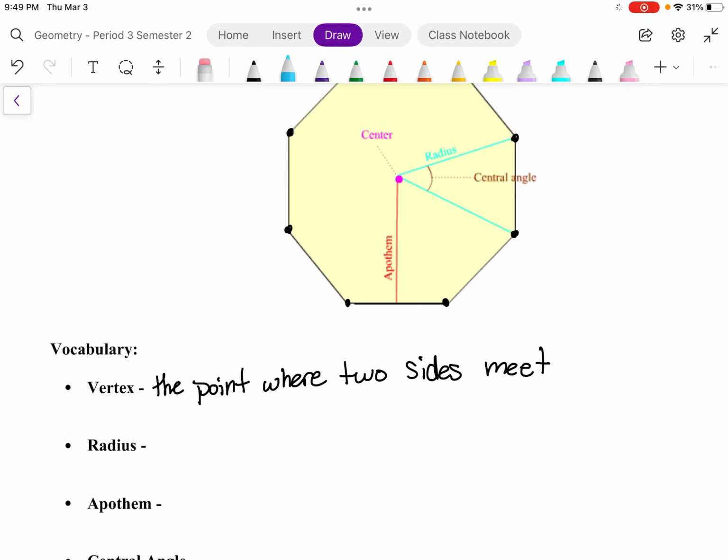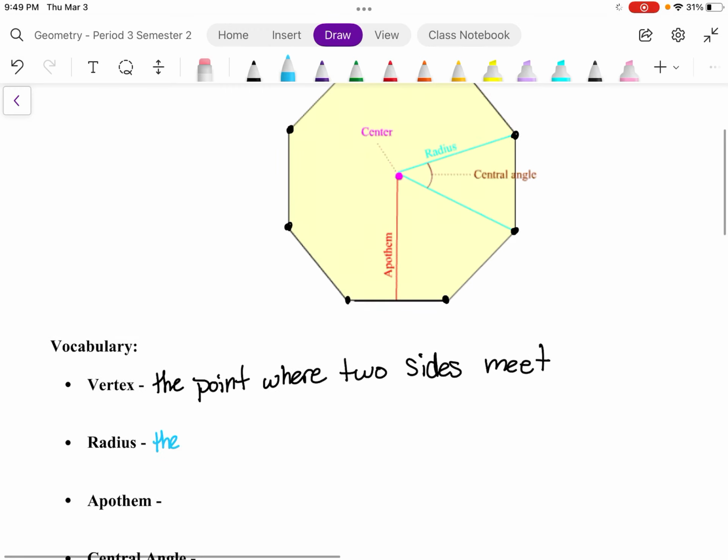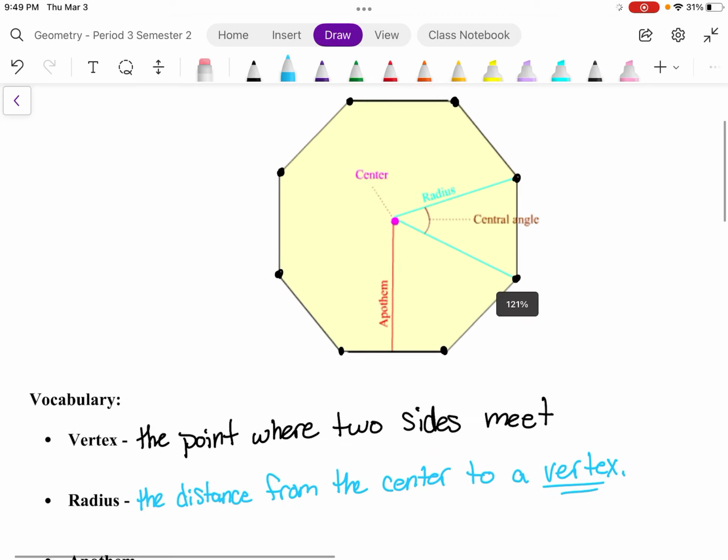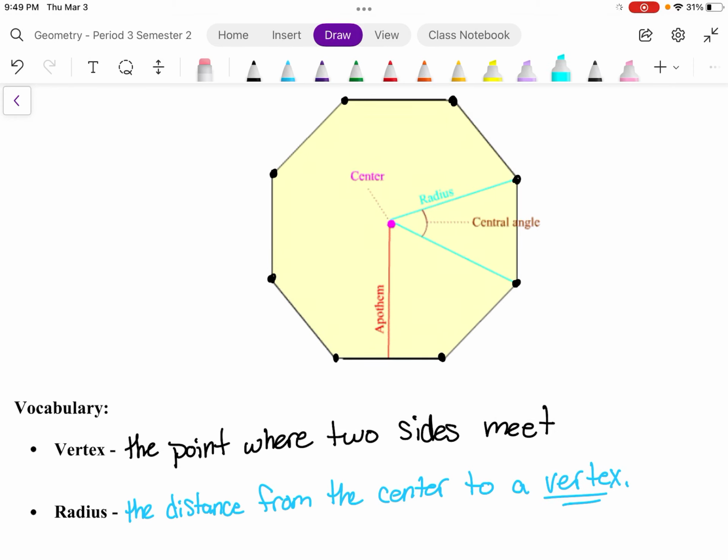The next vocabulary word is radius, and the radius is the distance from the center to a vertex. And the important thing is, for it to be a radius, it has to be from the center to the vertex.